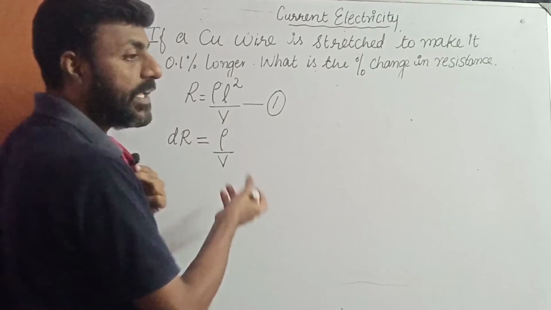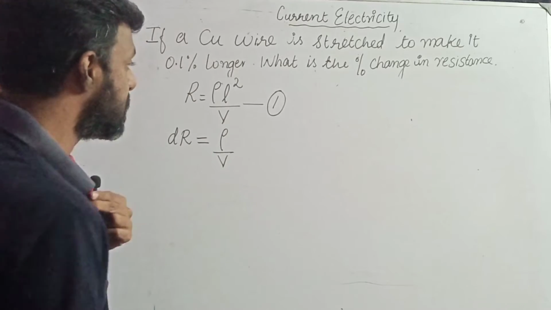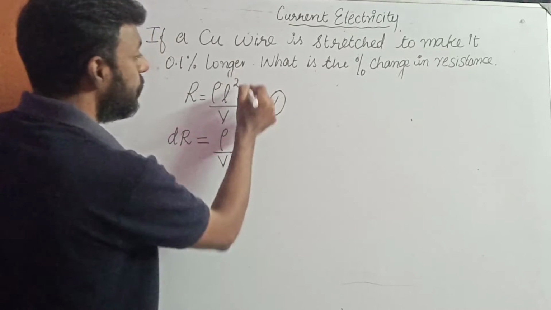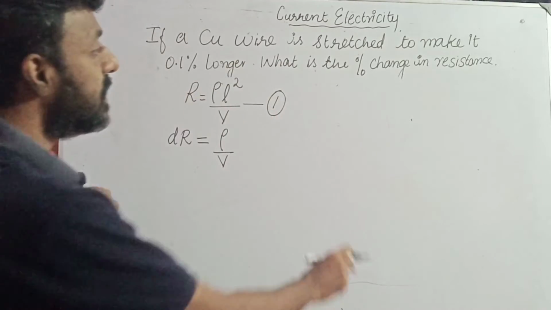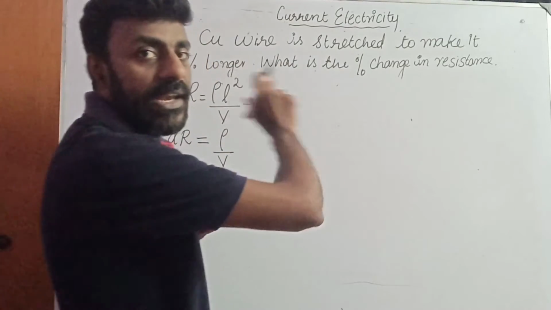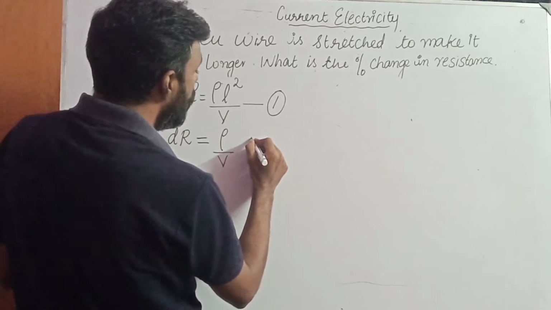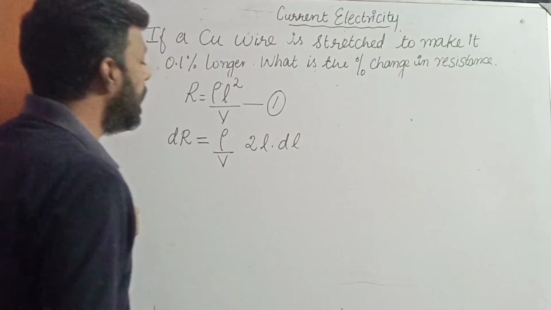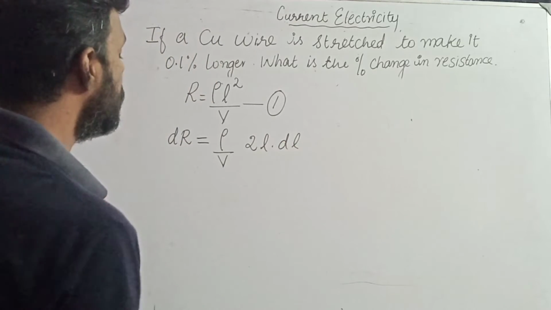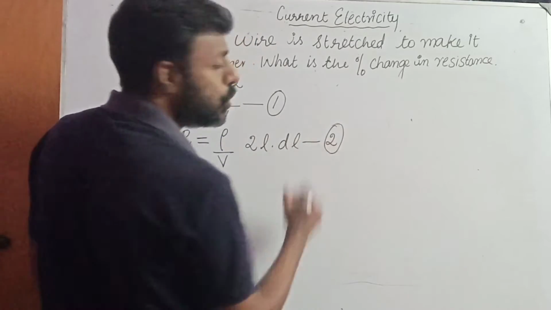L squared will change because there is an increase in the linear dimension. If I differentiate L squared, it will be 2L into dL. This I am naming as equation number 2.